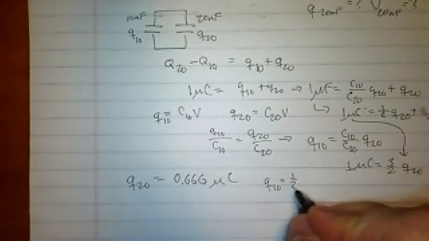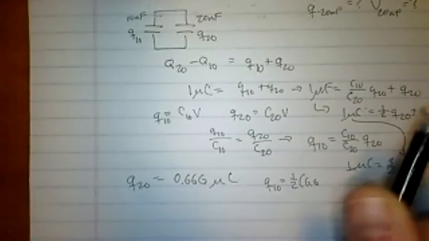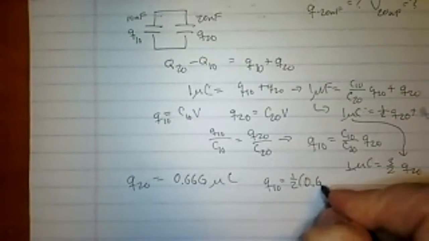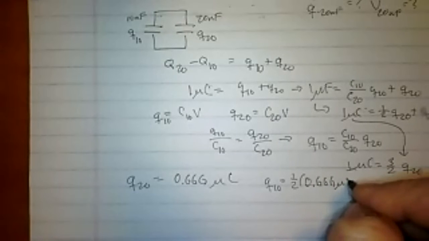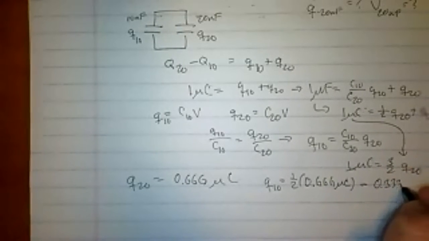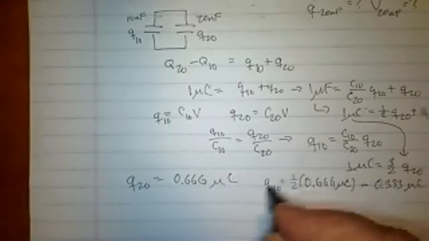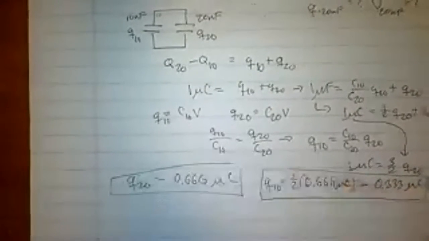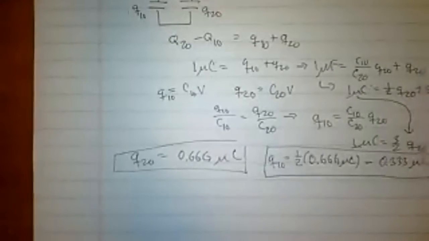So Q10 should be 1/2 of 0.666 microcoulombs. So this one's going to be 0.333 microcoulombs. So I now have the two new charges, and all I have left is the voltage.